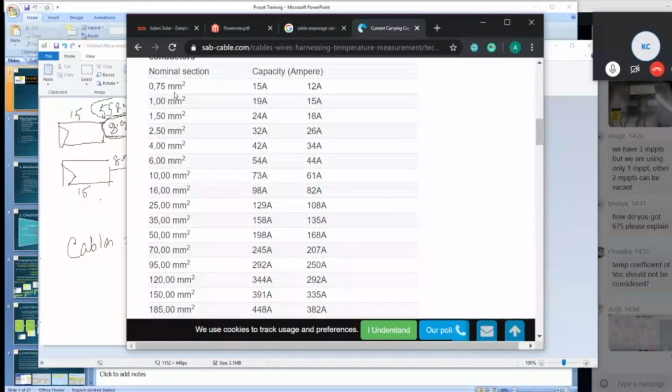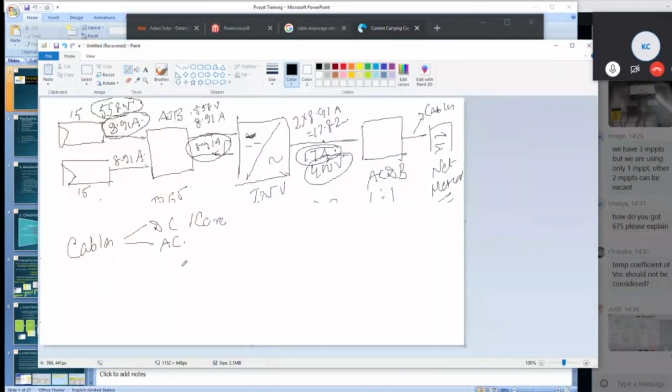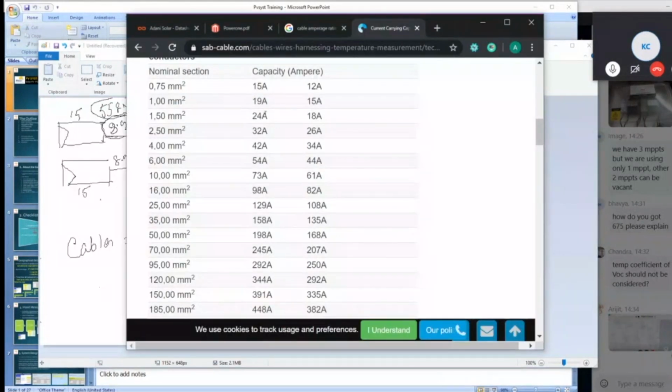But generally we take DC cable as 1 core 4 square mm, the minimum as per IEC standard. There is an IEC guideline that we need to maintain. So for DC, minimum should be 4 square mm. But as per our amperage rating, 0.75 square mm is also more than enough.